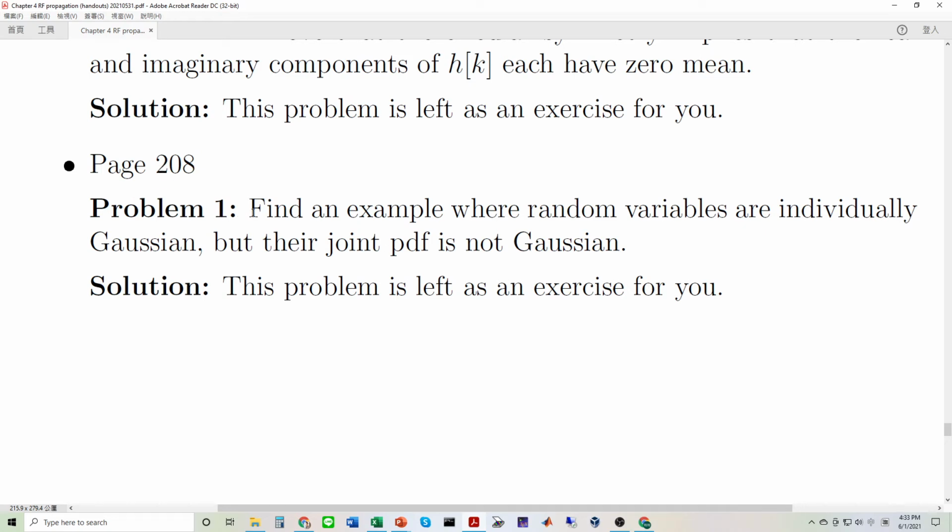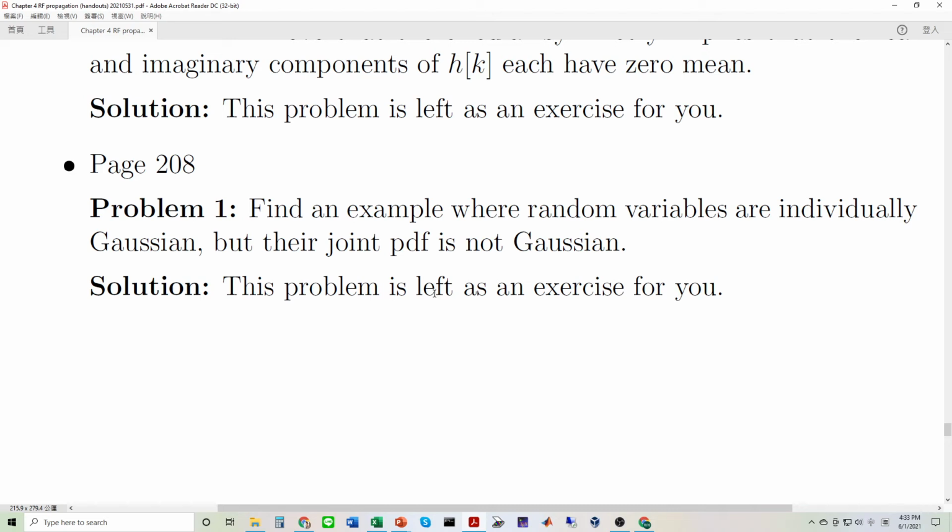Find an example where random variables are individually Gaussian, but their joint PDF is not Gaussian. Solution: This problem is left as an exercise for you.